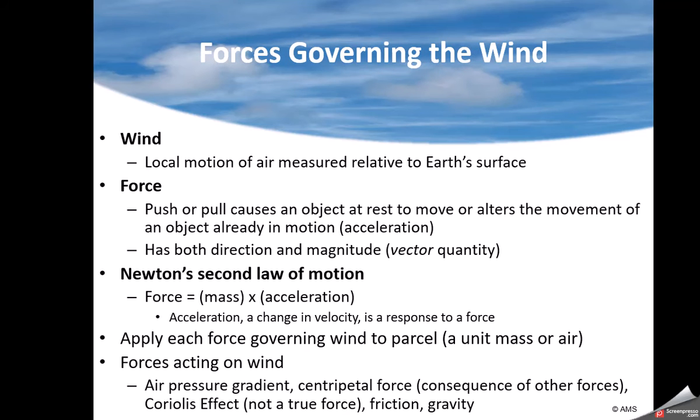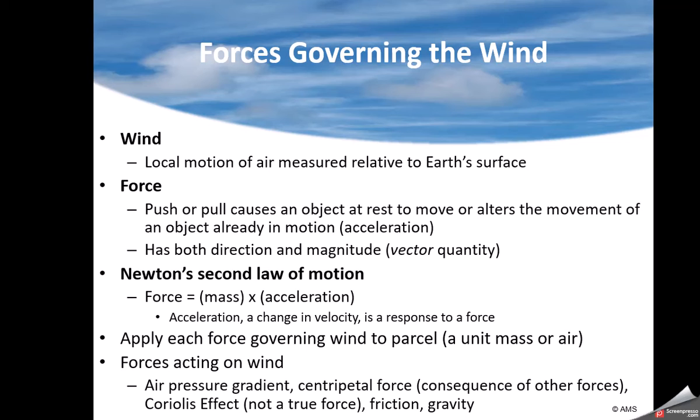So it's a motion of air locally. There are pushes and pulls on all objects anywhere in the atmosphere. A force is just mass times acceleration. We learned that with pressure. And we want to learn to apply the forces that actually control the motion of air. So, air pressure gradient.